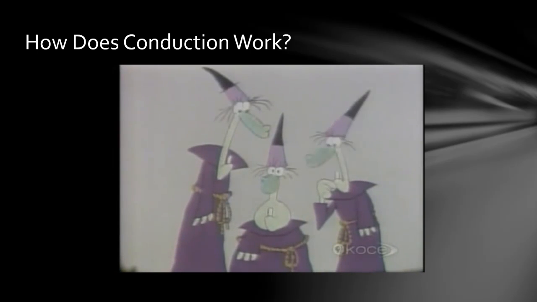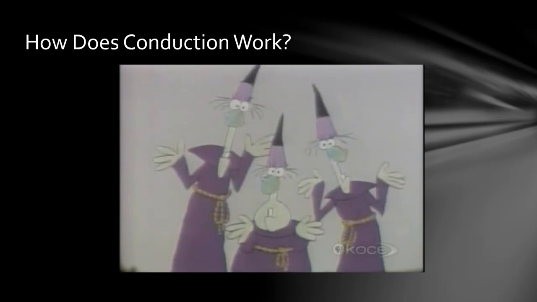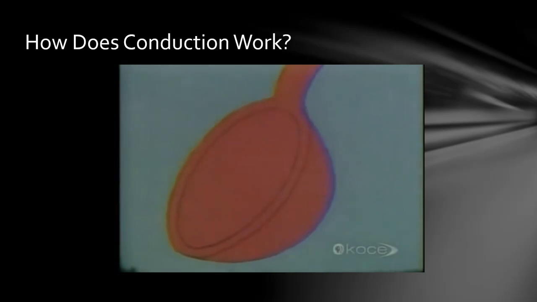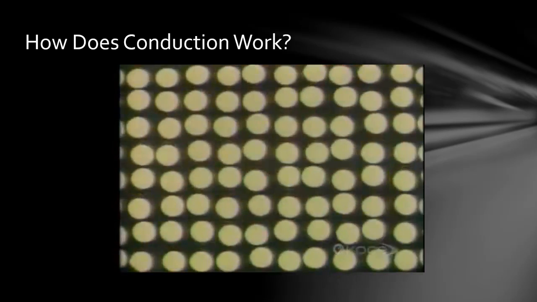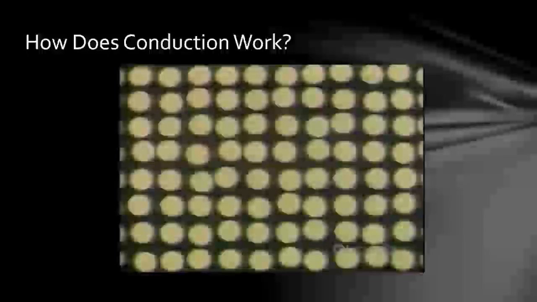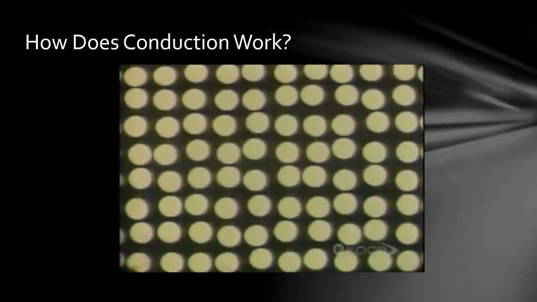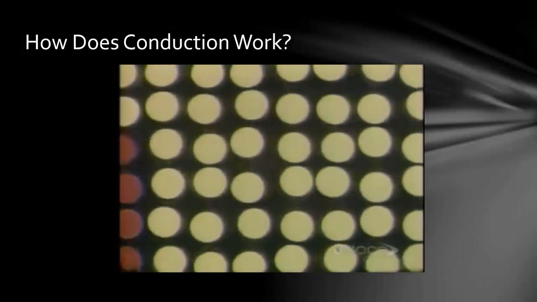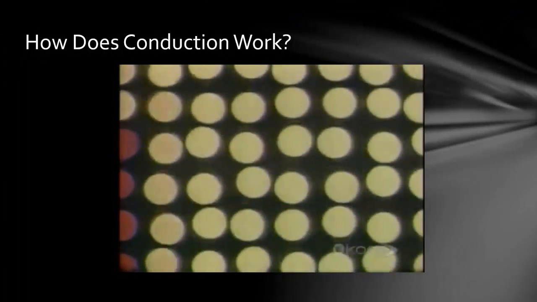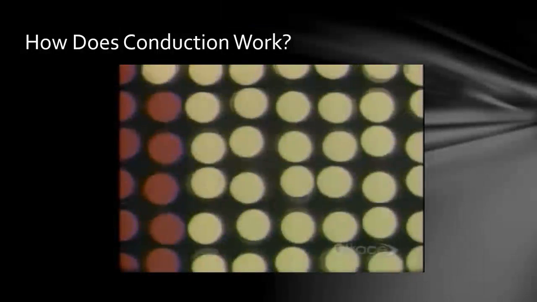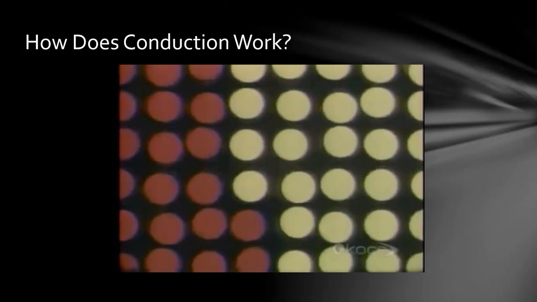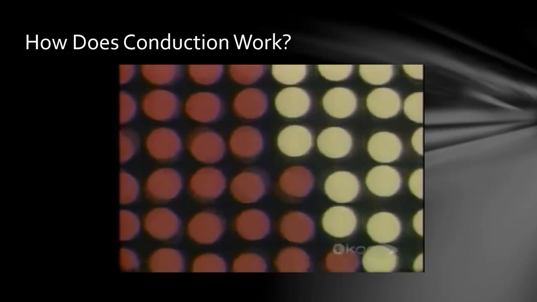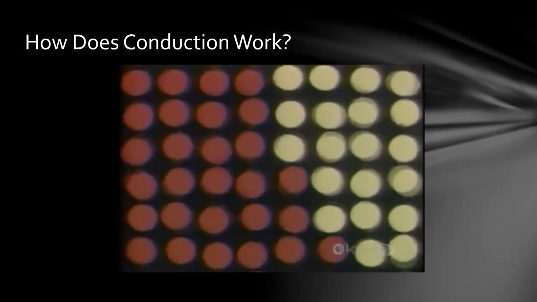But how does heat manage to do this? How does heat travel through things? Well, when the hot liquid heats up the end of each ladle, its molecules, or in the case of metal, its individual atoms, start to vibrate more rapidly. And when the heated molecules vibrate faster, they start bumping faster and faster into their slower neighbors, causing them to speed up in turn and bump into their neighbors, and so on all along the ladle.